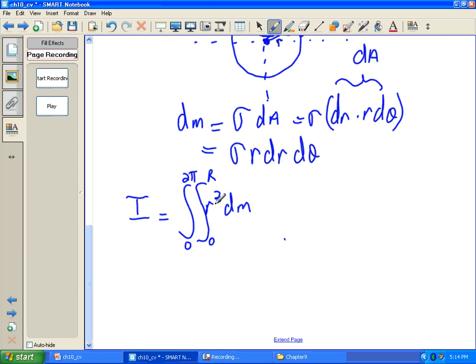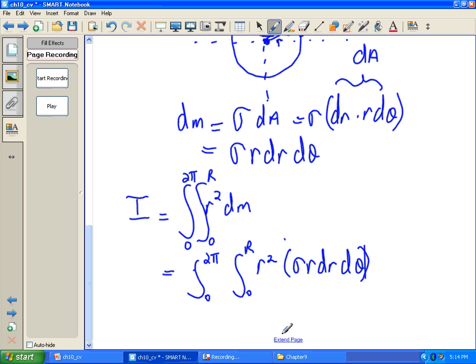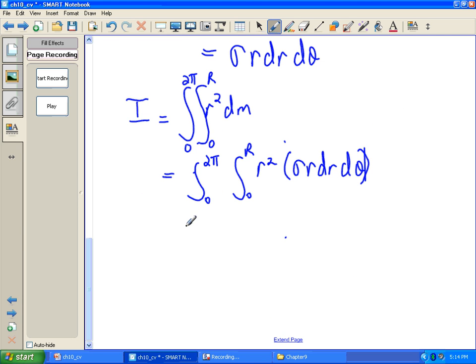And r is no longer capital R because we're summing all the r's from 0 to big R. So our integral becomes 0 to 2 pi, 0 to R, r squared times dm, where dm is equal to sigma r dr d theta. Now, we can clean this up a little bit and take sigma out of the integral.